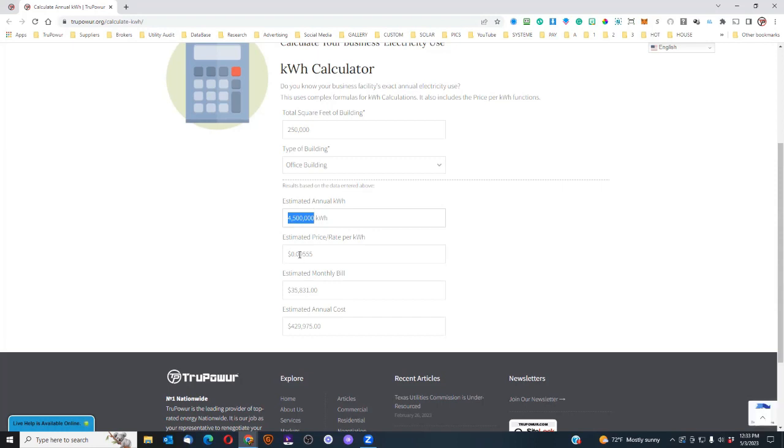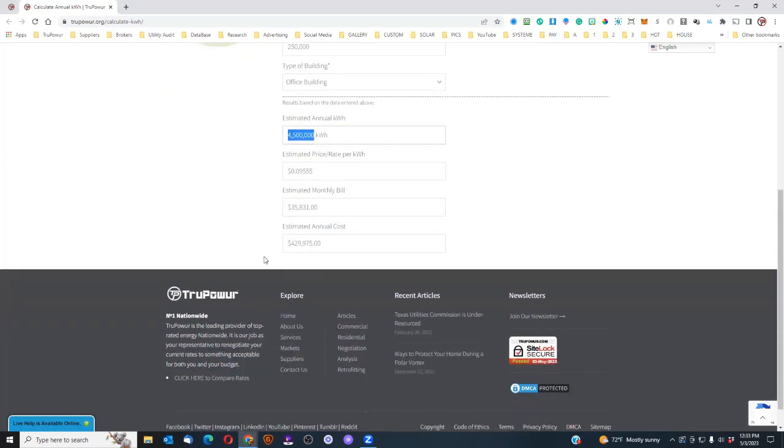If that customer is paying 9 cents, remember, we can look at those average rates from the quick launch menu nationwide. But if that customer is paying 9.5 cents per kWh, that tells you that that customer's estimated monthly bill is going to be about $35,000. Annually, they're going to spend a little over $400,000 a year on their energy costs.